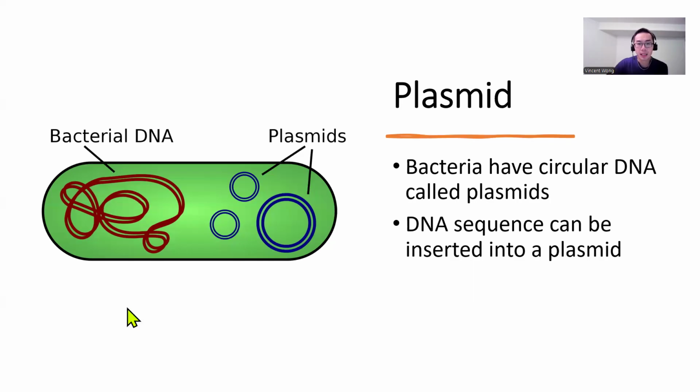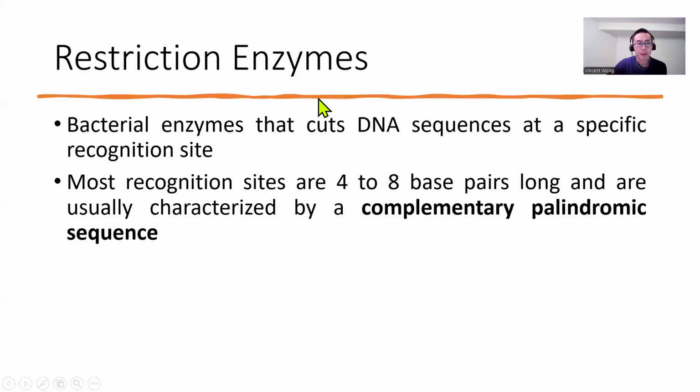Now, before we talk more about the plasmids, we need to learn a new thing called restriction enzymes. Restriction enzymes are normally found in bacteria, and their job is to protect the bacteria from external DNAs, such as viral DNA.